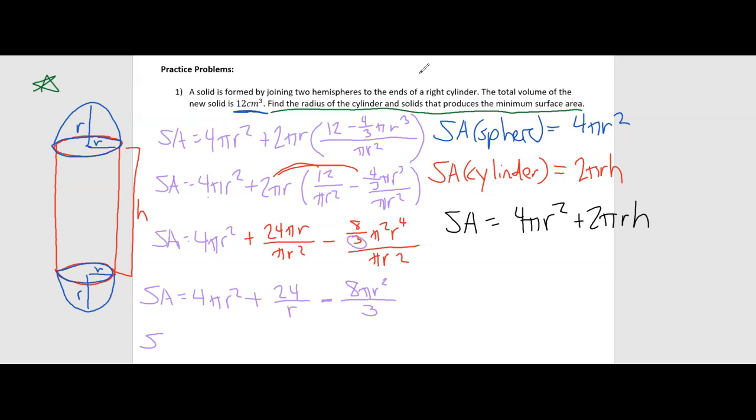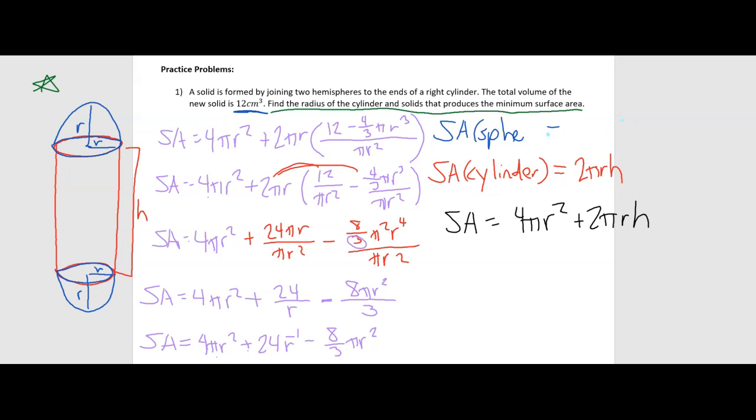I'm even going to do one more thing just to make sure I have all my r's in my numerator. So I'm just going to write that as 24 times r to the negative first minus 8/3 pi r squared. Okay, I am now ready to take the derivative of my surface area function.